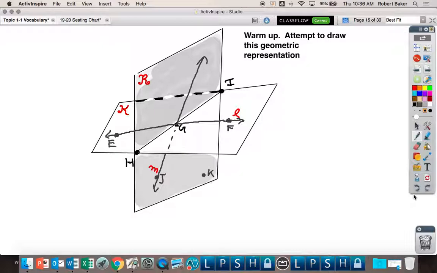What about what plane are points E, I, and K on? I'm looking for what plane are E, I, and K on?